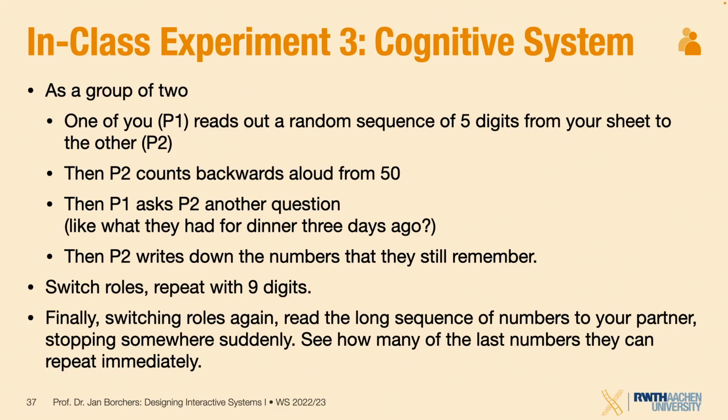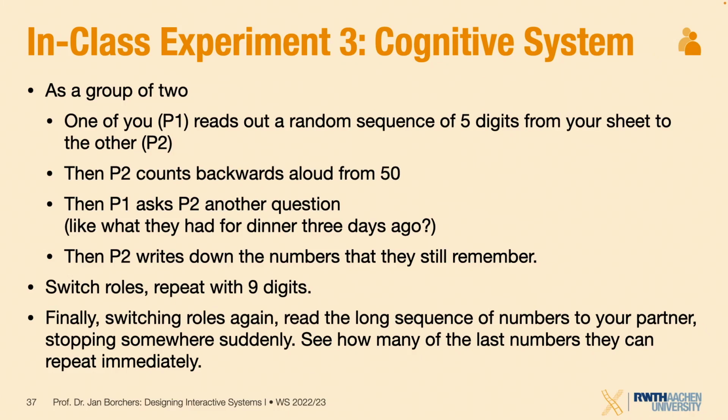As a group of two, which you have already formed, one of you will take the sheet that you have and read out a random sequence of 5 digits from that sheet to the other person. So the reader reads out these 5 digits. Then the listener, the person that we're testing, counts backwards aloud from 50, just to keep their mind busy with something.